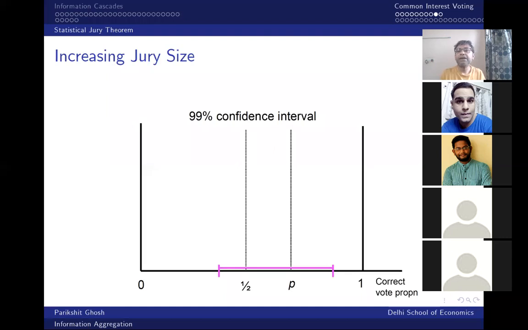So there, assuming limited communication is absolutely essential to make the problem non-trivial and interesting. If you allow full communication in a complete common interest voting game, it's just boring. Right? We'll end up telling each other frankly what we know, and then we'll all agree about what the right course of action is. So the assumption of limited communication is called for not on grounds of realism, but on grounds of interest.